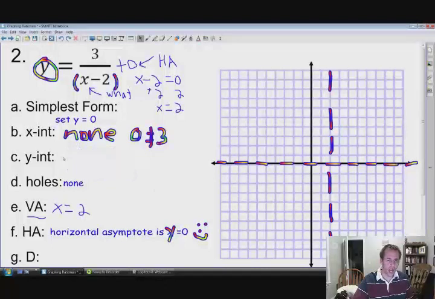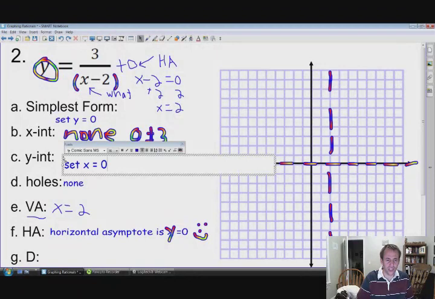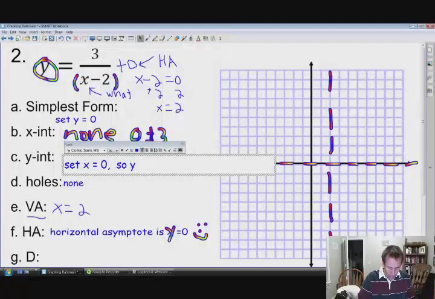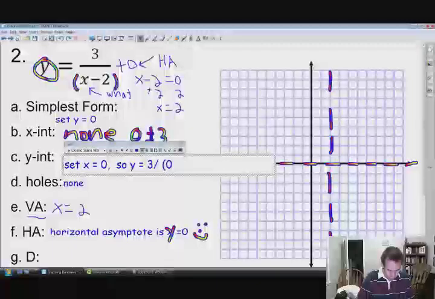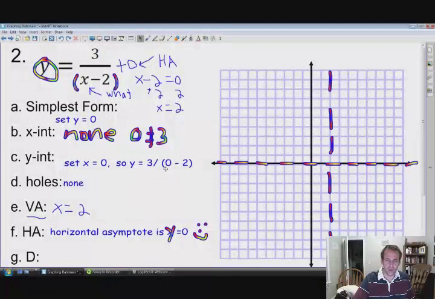And so for the y-intercept, we're going to go ahead and set x equal to 0. In our equation, we get y is equal to 3 divided by, look at our equation there, parenthesis, x equals 0 minus 2. Excellent. And so when we do that, what does that reduce to?